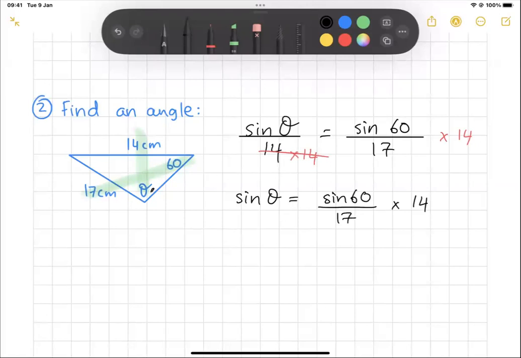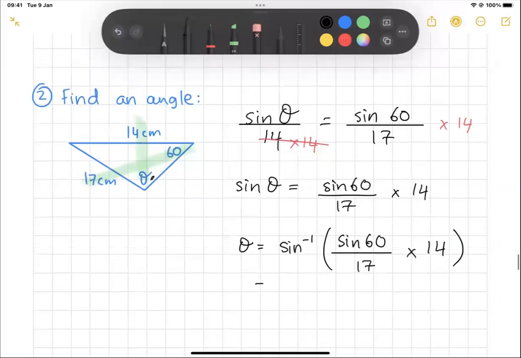I need to get to what theta equals. The opposite of sine is inverse sine, or sine to the power of negative 1. Theta equals sine inverse of sine 60 over 17 multiplied by 14. We'll wait for it to get there.